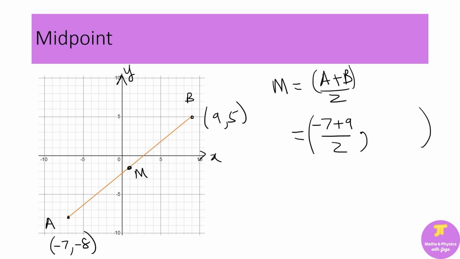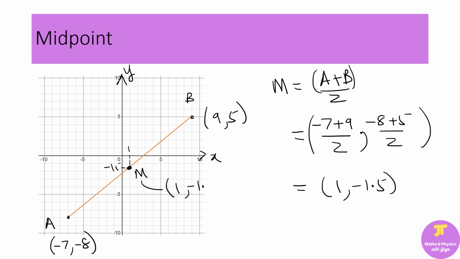The y coordinate is -8 plus 5, divided by 2. So the answer is 1, -1.5. So the coordinate is (1, -1.5).